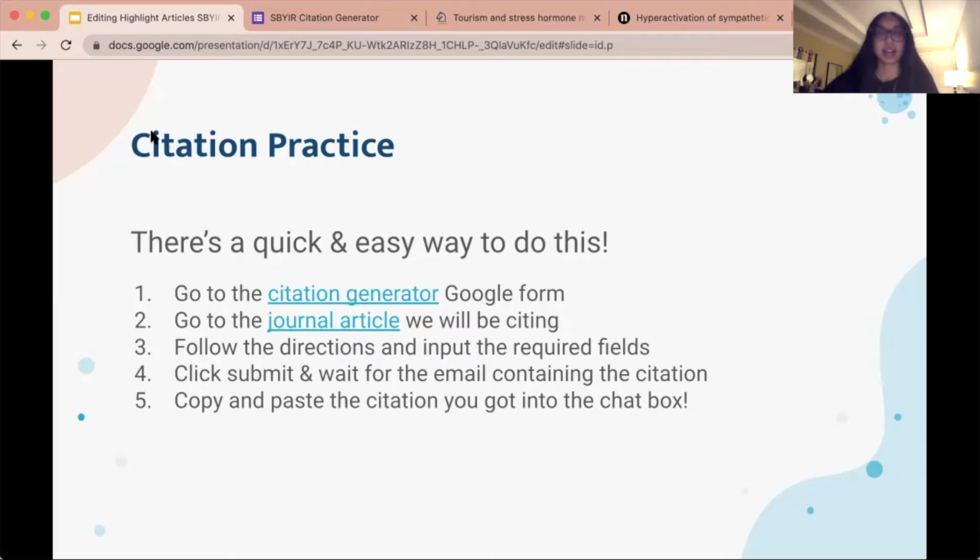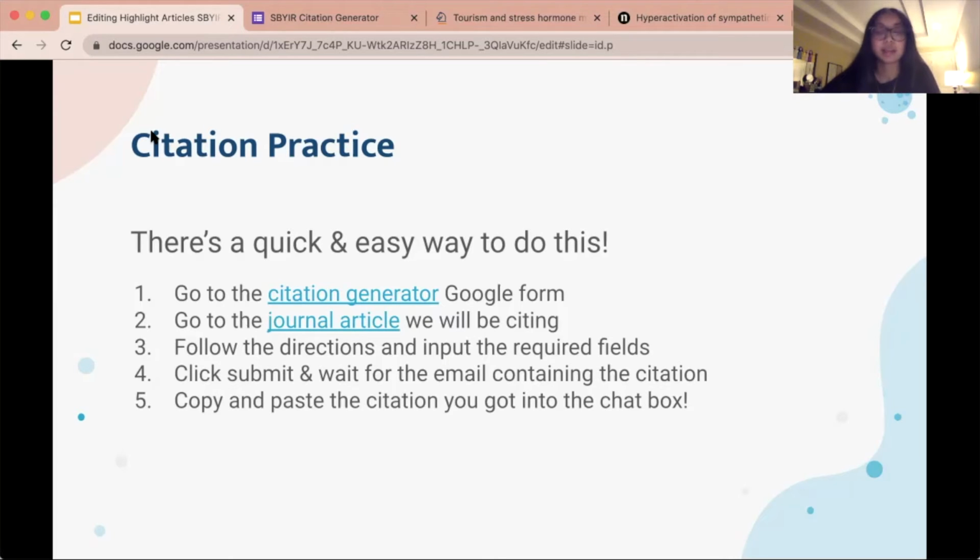At the end, you just press submit, and then it automatically sends you an email containing the citation correctly formatted. So it's already in the correct format, and all you have to do is copy and paste the citation into your highlight piece. So it's that simple.